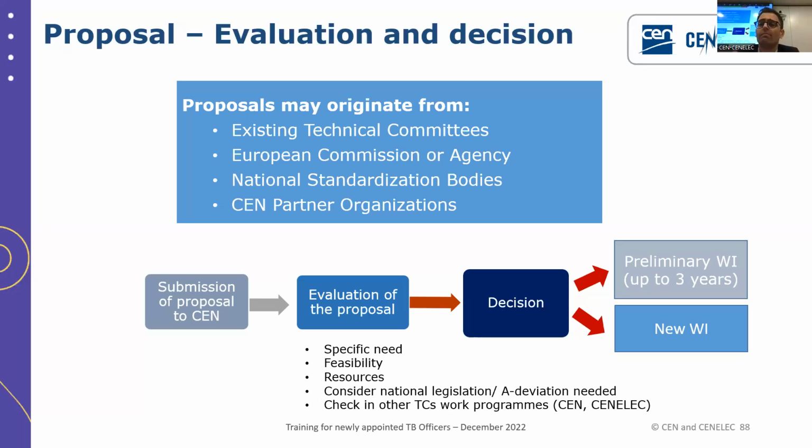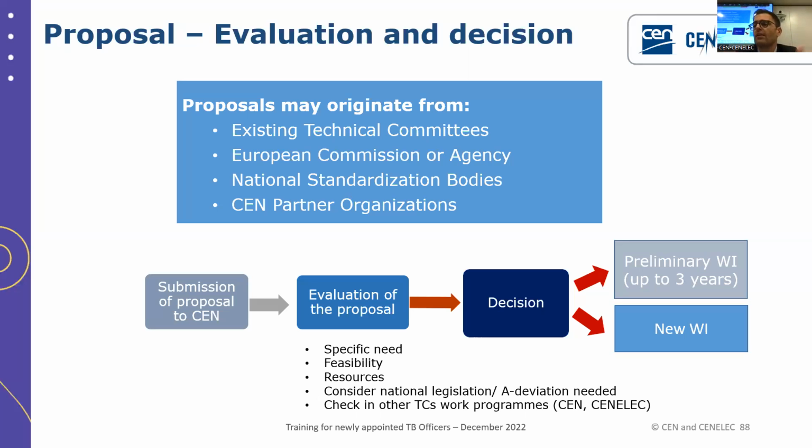That's why the members should have the possibility to assess the need of having an A deviation. And of course, it is important to ensure that the project falls in the scope of the TC. It could be useful as well to look at the scope of other TCs, and in particular the work program of other TCs, just to ensure that everything is okay and the proposal is correctly allocated to the right TC. And then there should be a decision on whether to start working on the draft standard or not.